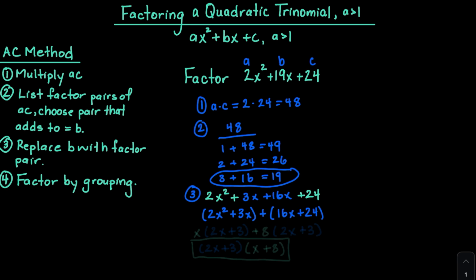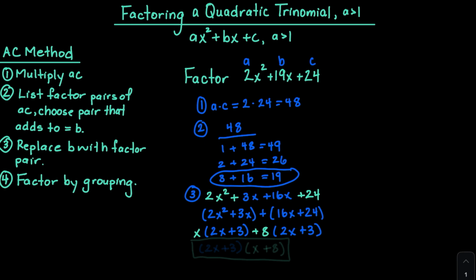GCF between 2x squared and 3x is only x, and we're left with 2x plus 3. GCF between 16x and 24 is 8. 16x divided by 8 is 2x, and 24 divided by 8 is 3.